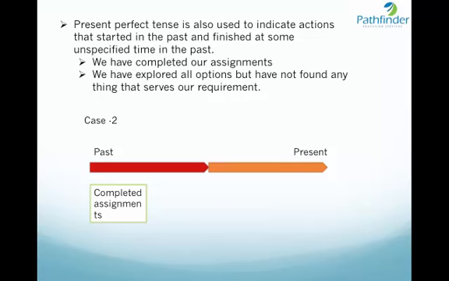But the time of completion is not known because that time is some unspecified time in the past. Similarly, we have explored all options. So when we explored is not clear, but as of today, we have completed the action of exploring the options. So therefore, we have explored all options.